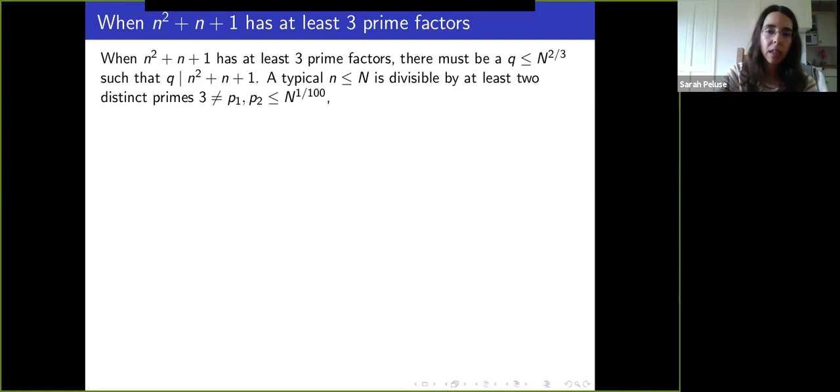And typically, any little n below big N is divisible by at least 2 distinct primes below n to the, say, 1 over 100. And we also have to assume that they're not 3, for technical reasons. And the contribution of the n that aren't typical, that don't have these 2 small prime factors, can be bounded in a similar manner to what I'm about to sketch.